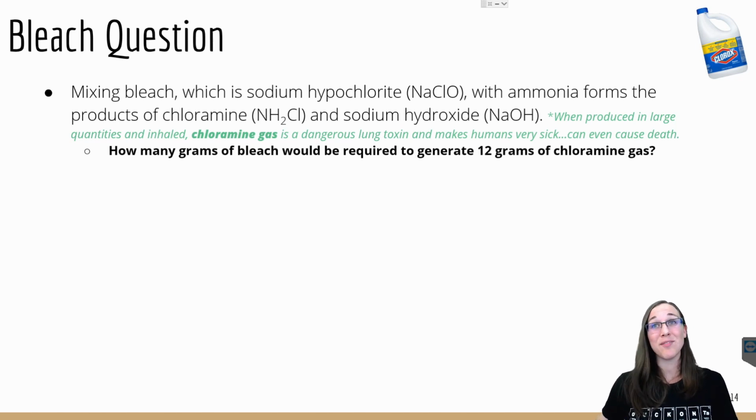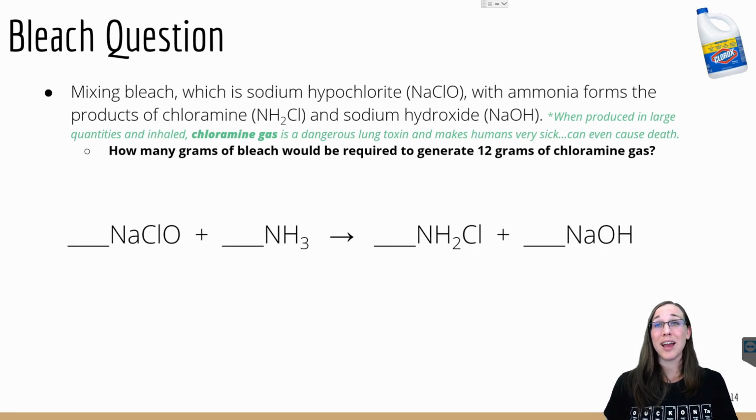First, I need to have my balanced chemical equation, obviously, from the words here, so I know what my mole ratios will be. So first, we'd have to write out NaClO plus NH3, which is my ammonia, reacts to form, that's our reaction arrow, NH2Cl, which is our chloramine gas, and NaOH, sodium hydroxide.